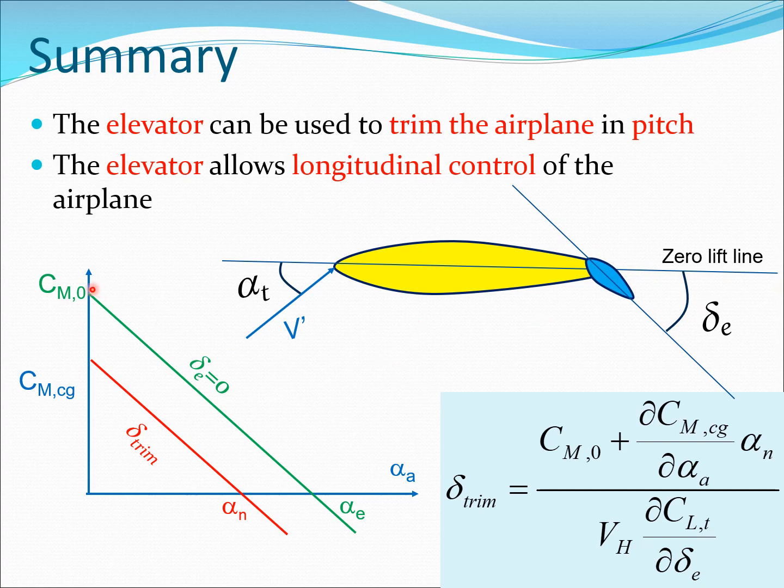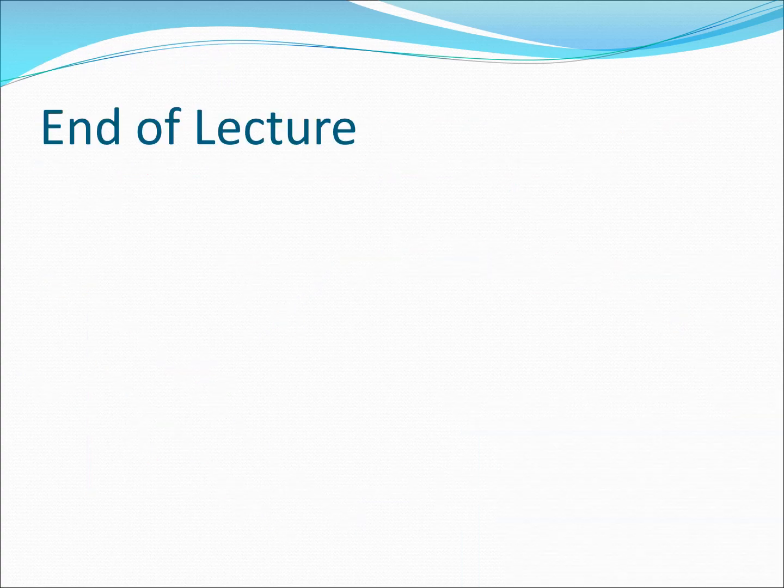And what we can do by that is that we can move this green line which corresponds to delta equal to 0 to this red line here, which is essentially the way we can trim the aircraft. So if we give this value delta trim, we can trim the aircraft to alpha n, and this is the way the pilot typically trims the aircraft in regular flight in terms of the pitching motion.